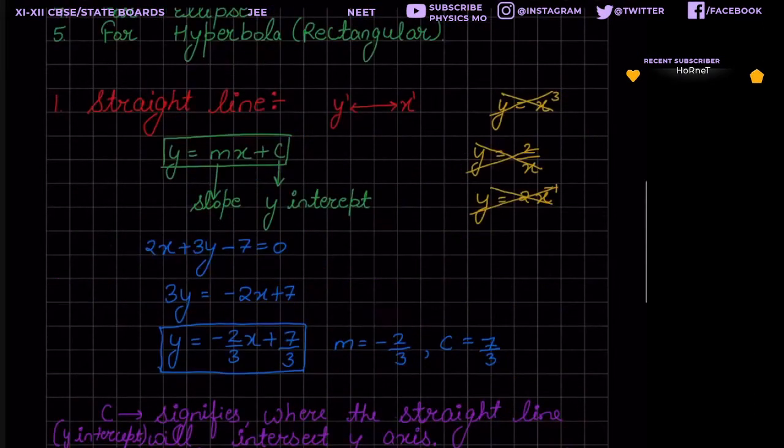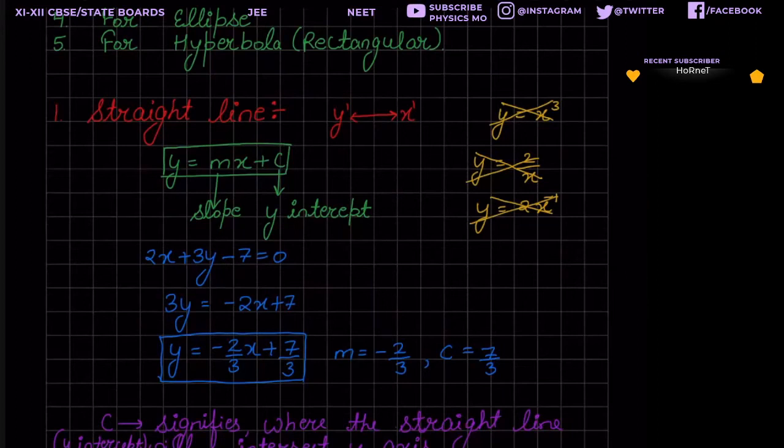Finally, if you want me to draw this graph, which is 2x plus 3y minus 7 is equals to 0, so first we confirm that their power, which is like x raised to 1 or y raised to 1, that means it is confirmed that it is the graph for straight line. Then we calculated values for m and c by comparison.